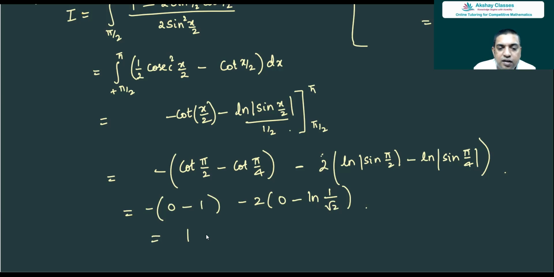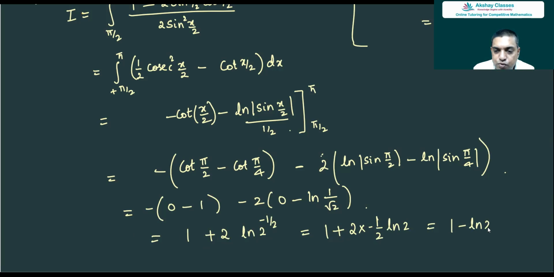So this is 1 minus 2, minus of minus is plus, and log 2 to the power minus half. So which is 1 plus 2 into minus half log 2. So we get 1 minus log 2 as the answer.